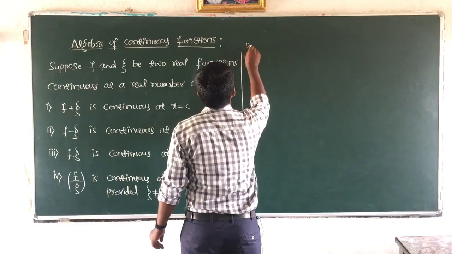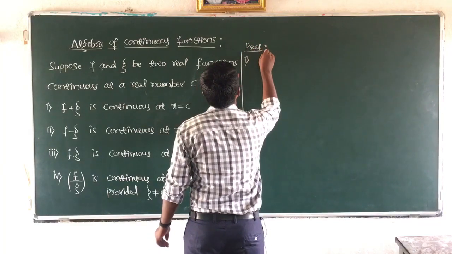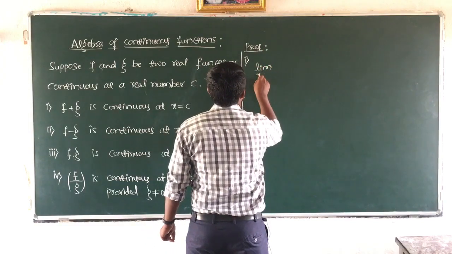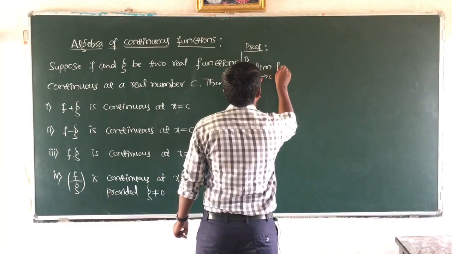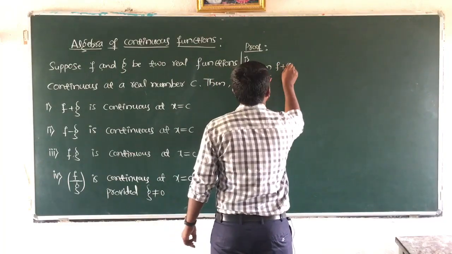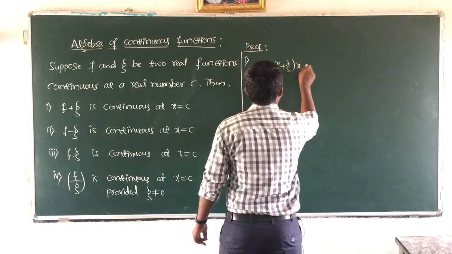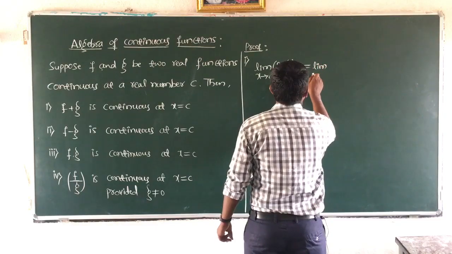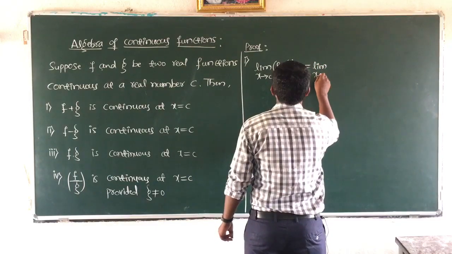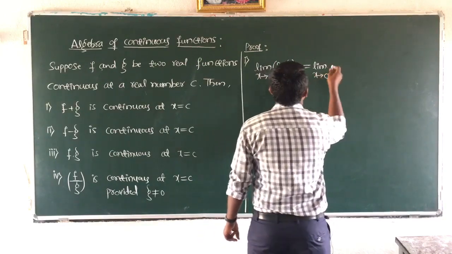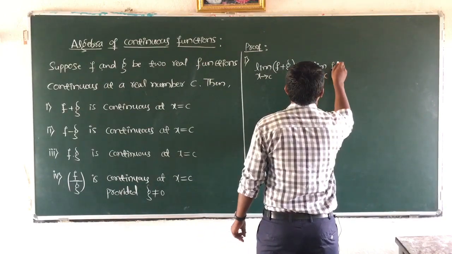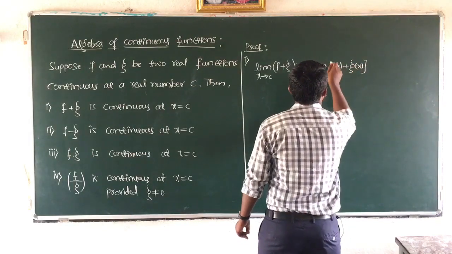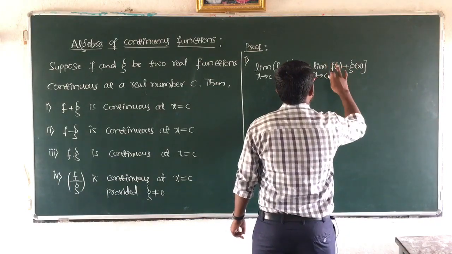So the first one, proof, number 1. See here, limit x tends to c of f plus g of x is equal to limit x tends to c of f of x plus g of x.